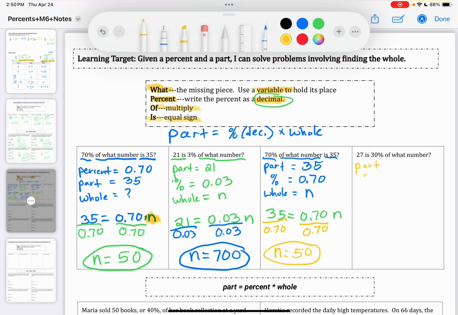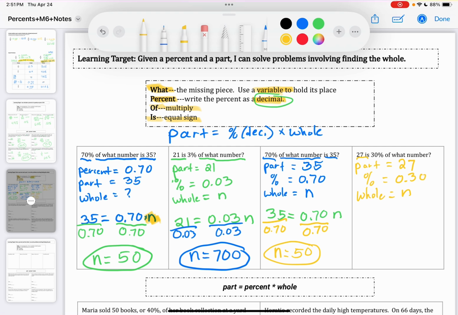Okay, next one. Part, percent, and whole. 27 is 30% of what number? So 27 is my part. 30% is my percent, so 0.3 or 0.30. Whole is missing.